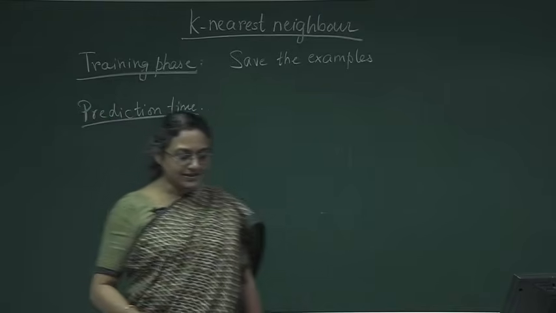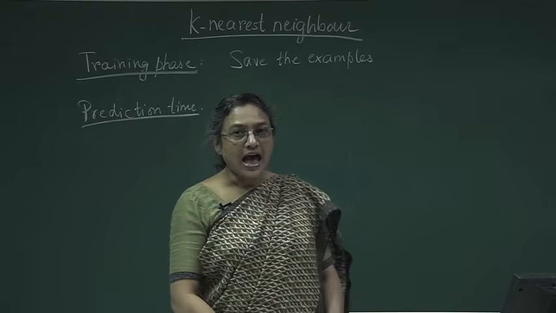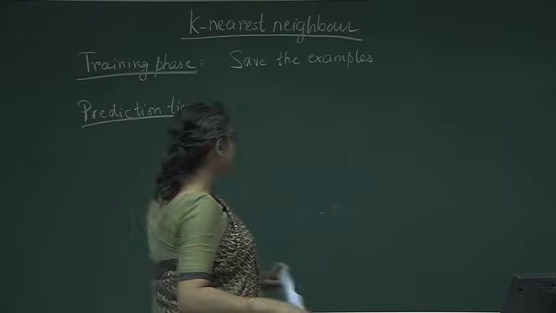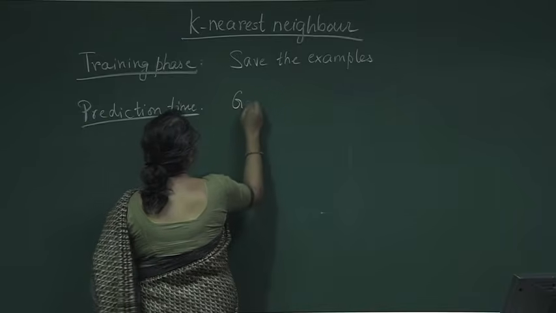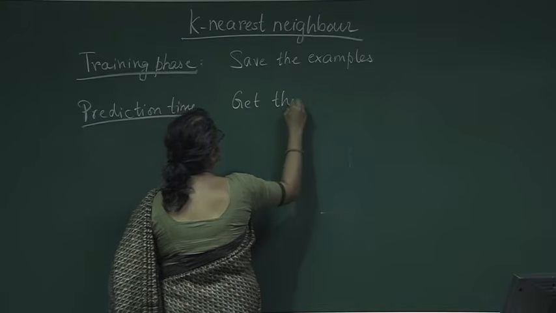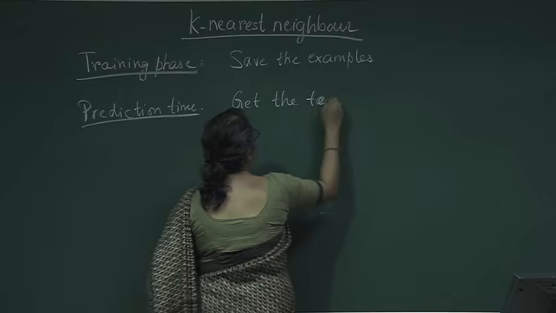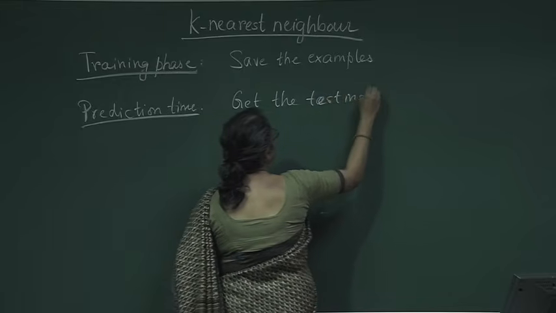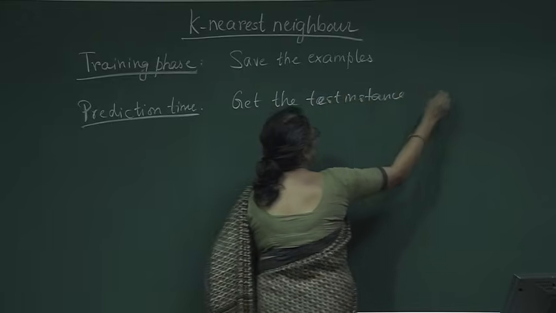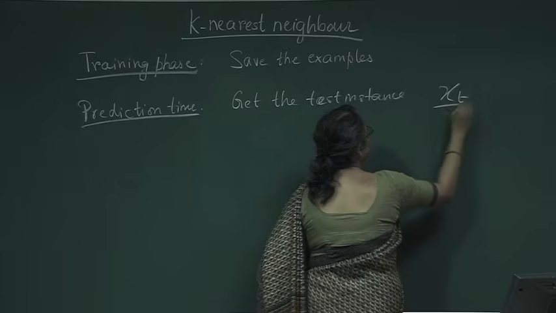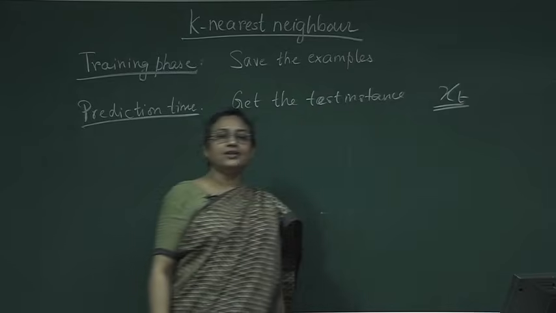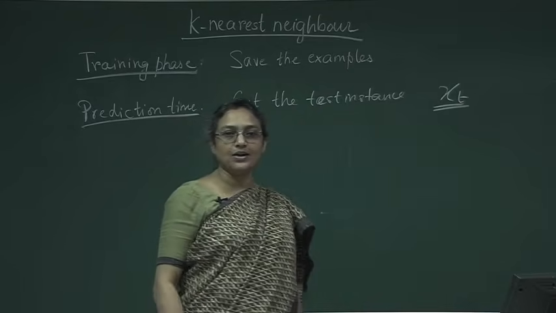At prediction time, we get the test instance and find the k training examples. For the test instance, we are given only the x value. So, we are given only x_t and we have to predict the corresponding y_t.